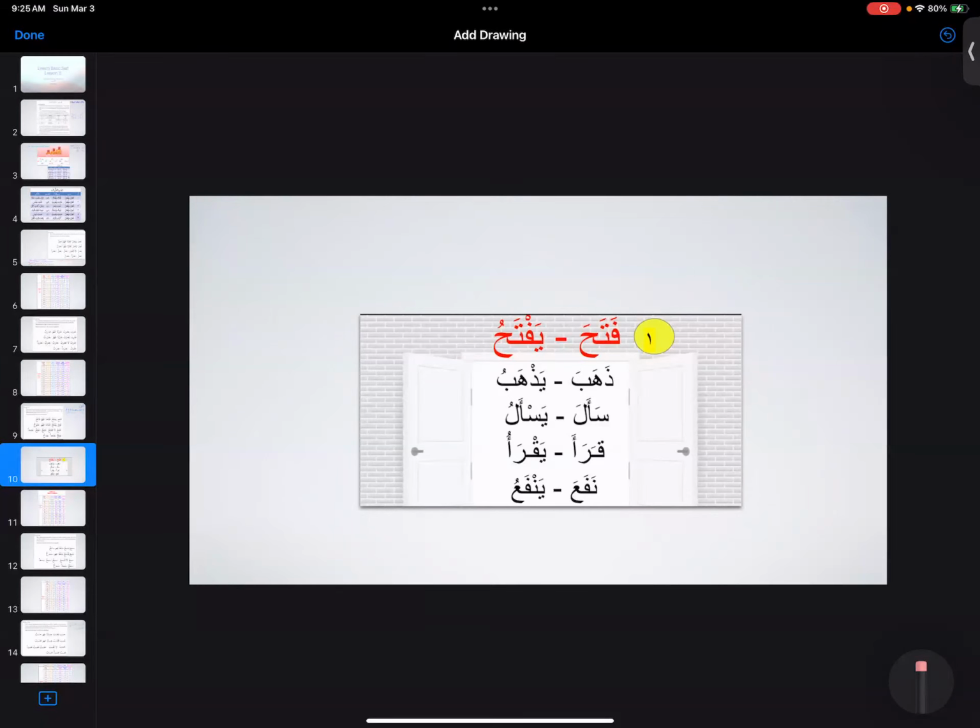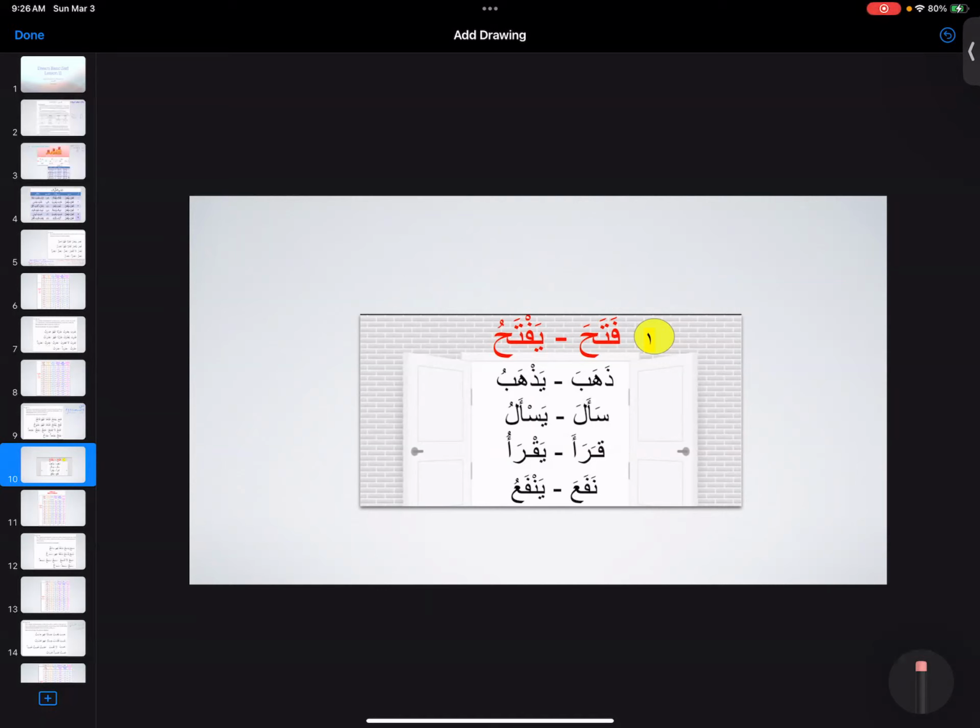Now the zarf has three patterns. One is with fatha, so mas'alun, mas'alatun. Mas'alun, mas'ilun, so one with fatha, one with kasra, and mas'alatun.